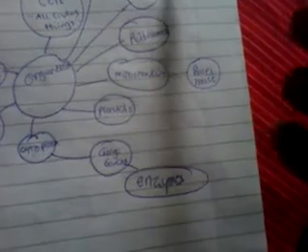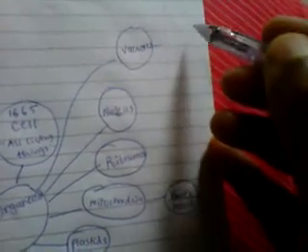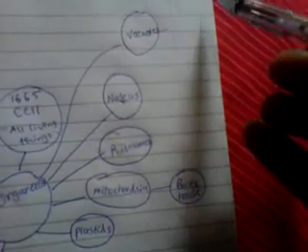Then we have vacuoles. Like we are used to the word vacuum. Now let's think vacuum is something hollow, and a large hole inside the cell is called a vacuole. And what does the vacuole do?